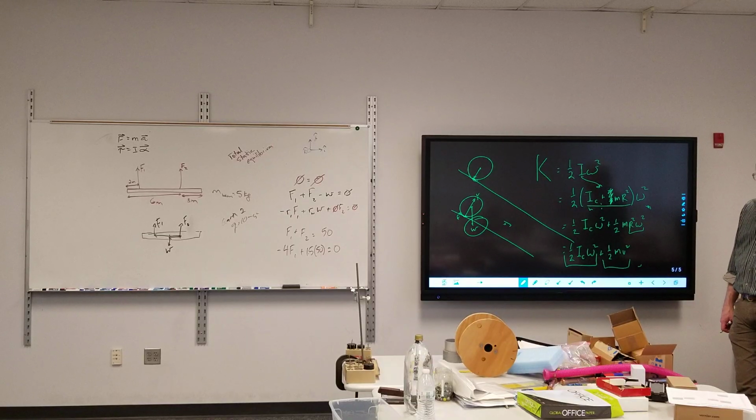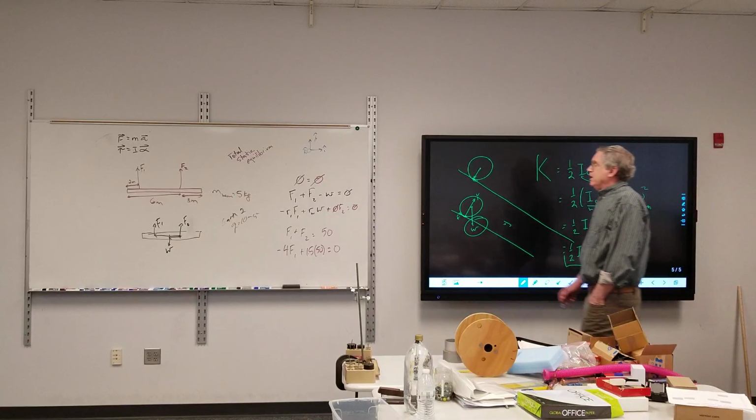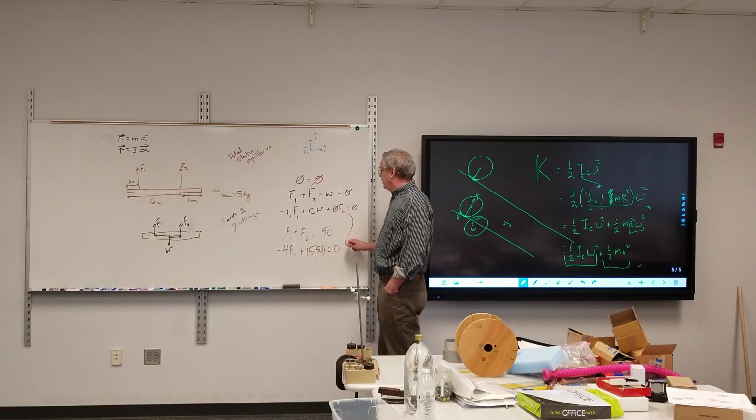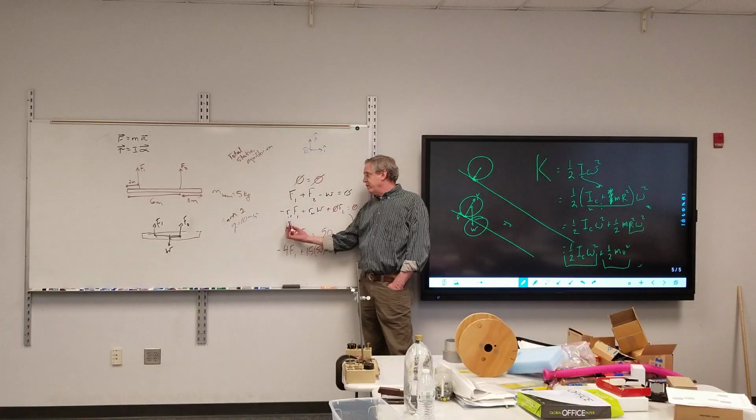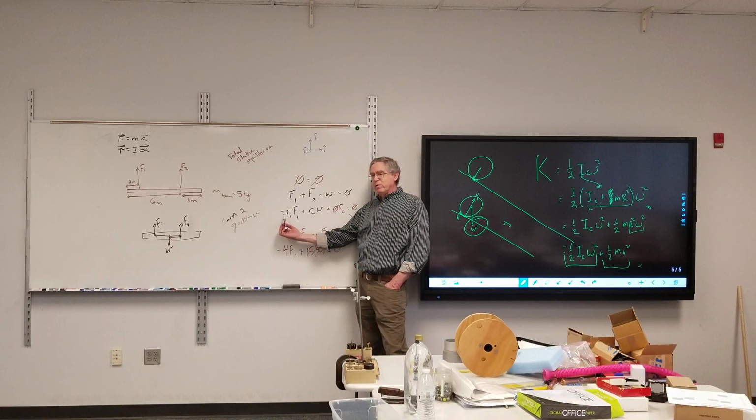How did you get negative 4 plus 1.5 times 50? How did I get the negative 4 F1? How did you get that last equation? I'm plugging into here. The way I've written this is the magnitude of R times F1, negative. We've already determined the direction is negative torque.